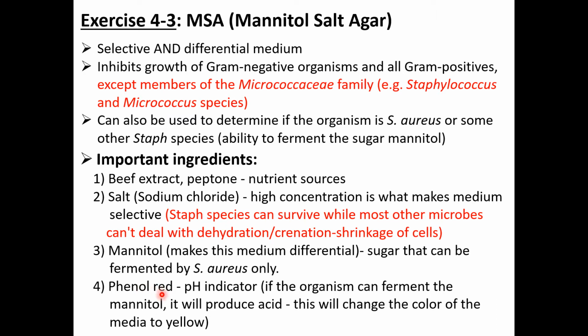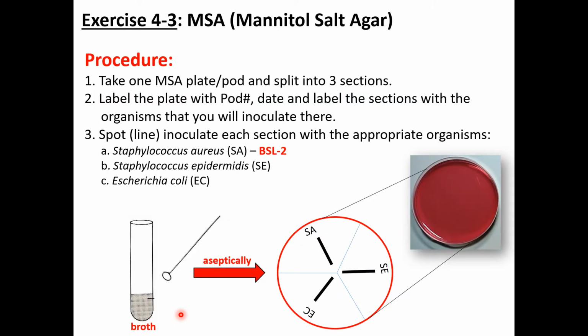Then phenol red changes color depending on the pH. So if the bacteria that grows on the plate is Staph aureus, we would see phenol red turn yellow. Okay, and that's how we know there was fermentation of mannitol: the color is an indication of it.